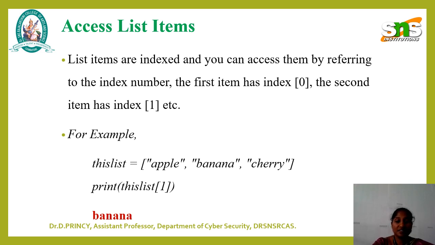Apple has index 0, banana has index 1, and cherry has index 2. If I want to access the element banana, I can refer to index 1. So this is an example: print(list1[1]), where list1 is the list name and 1 is the index number. The result value is banana.